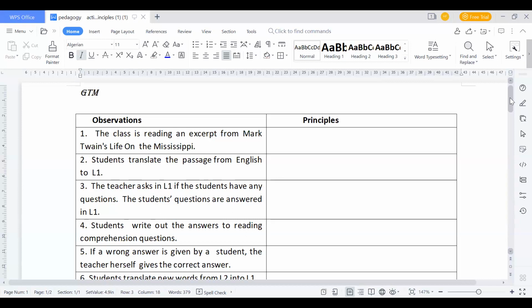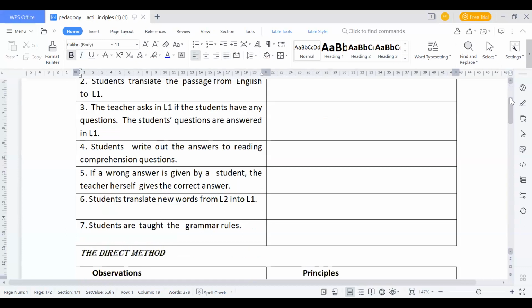So they are using L1, I mean, the second language. Yes, that's the main technique in the grammar translation method. L1 to L2, L2 to L1, they translate. So that is the underlying principle, and that is why it happens in GTM.